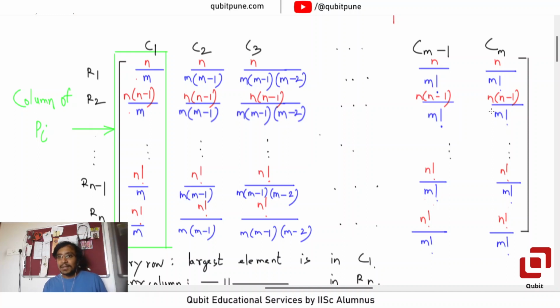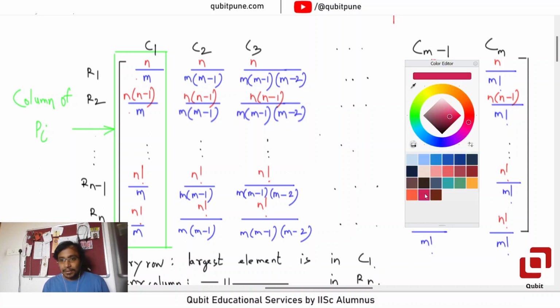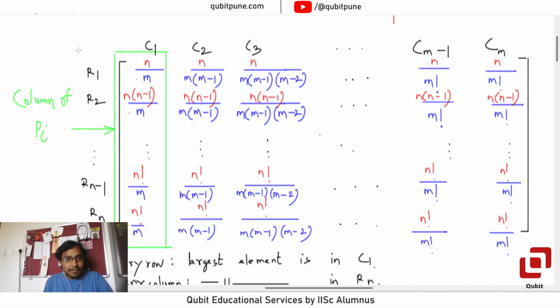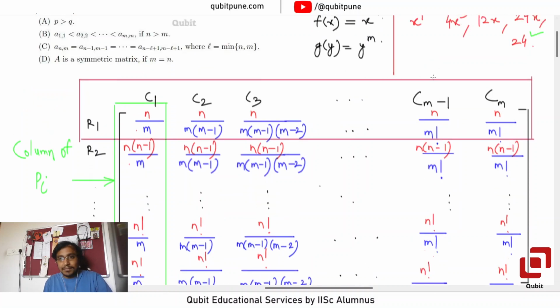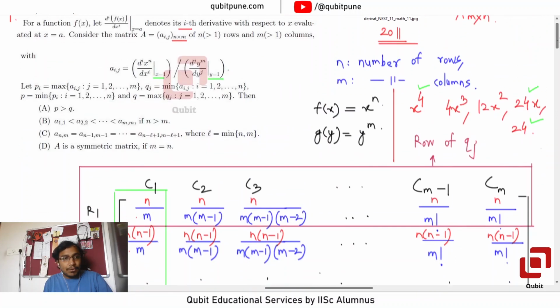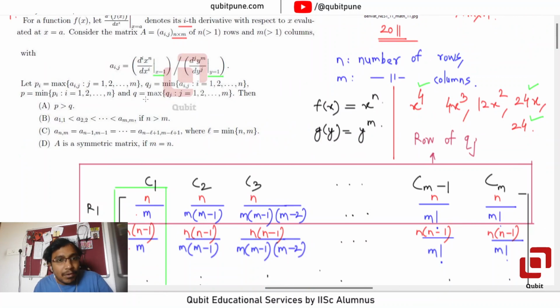Do you agree to that? Because after that, the denominator is constant but the numerator is being multiplied by something. So this is the row of Qj. And among them, we want the maximum.